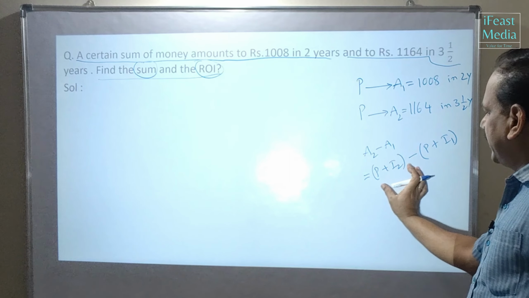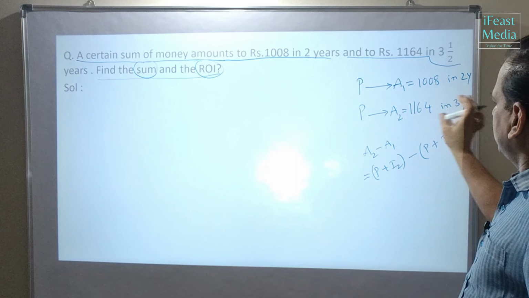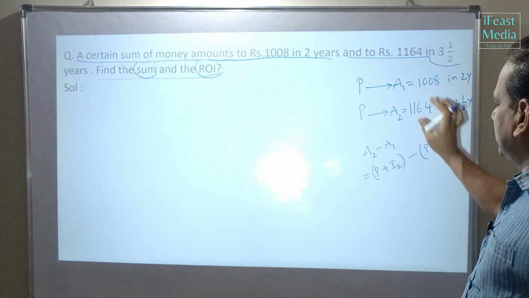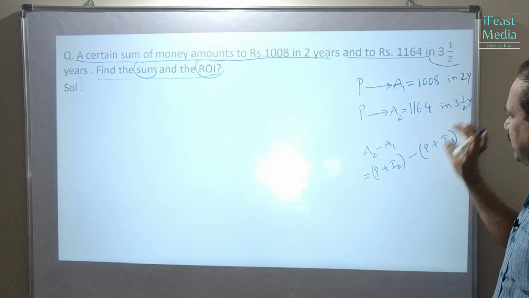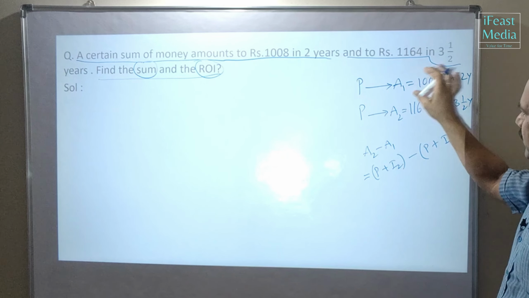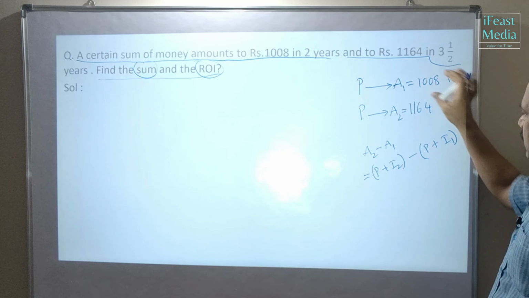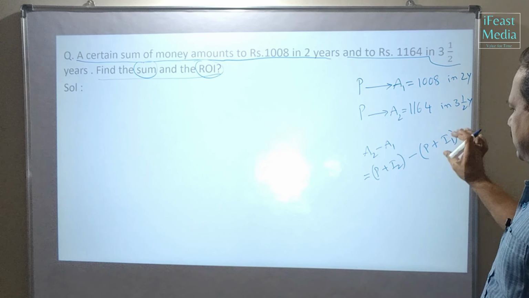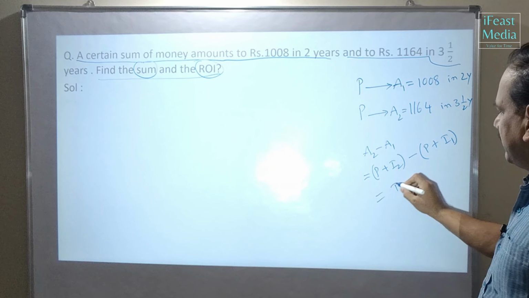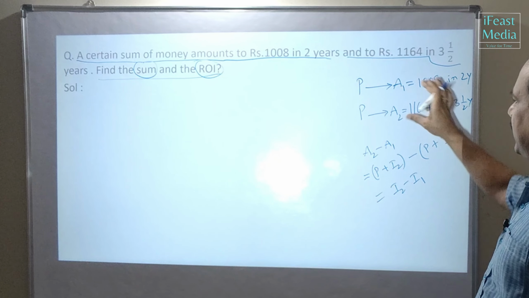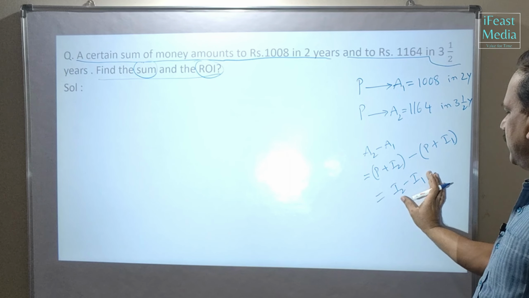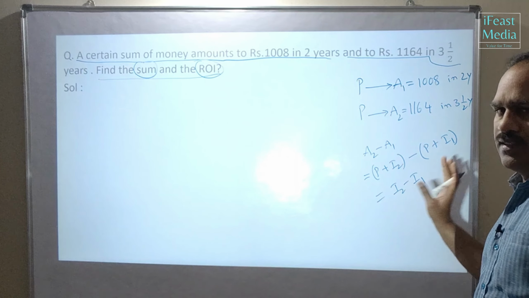A2 is the amount for 3.5 years, 1164, and A1 is the amount for 2 years. So P gets cancelled and this becomes I2 minus I1. The difference between the amounts is the same as the difference between the interests.